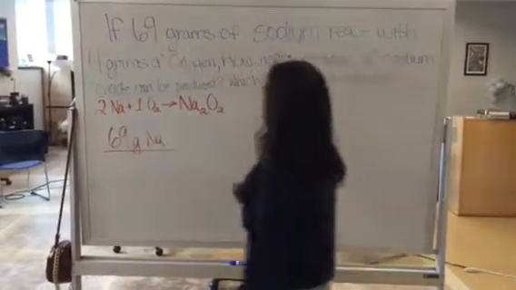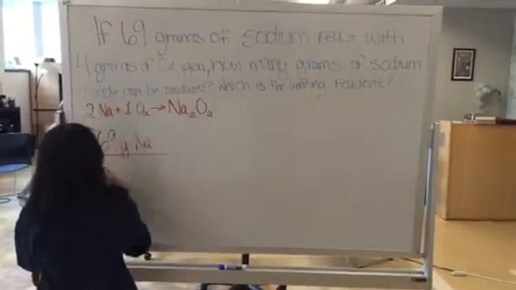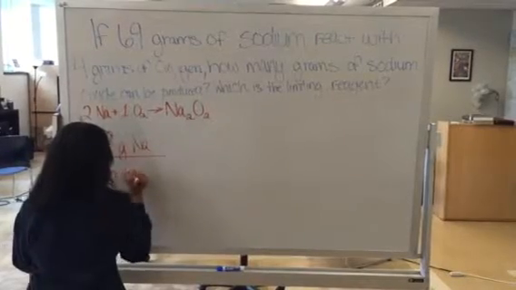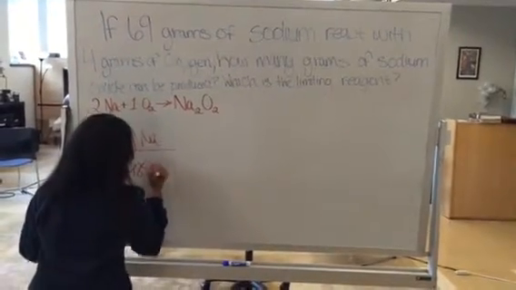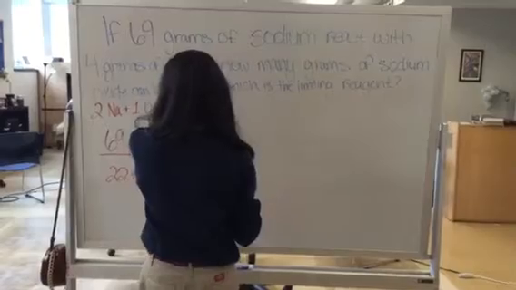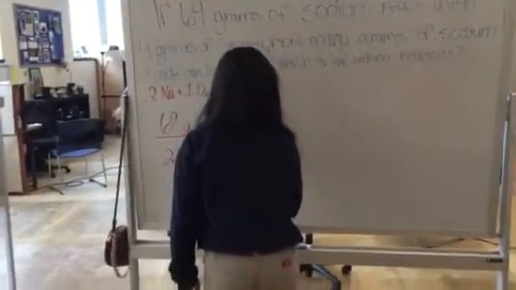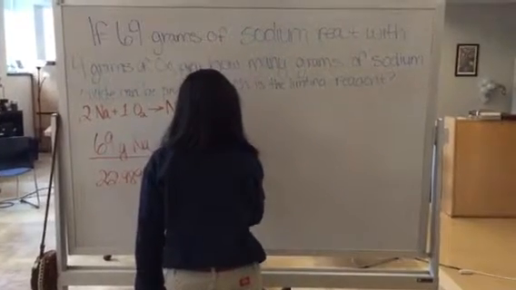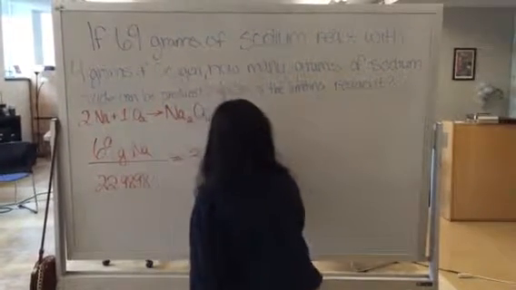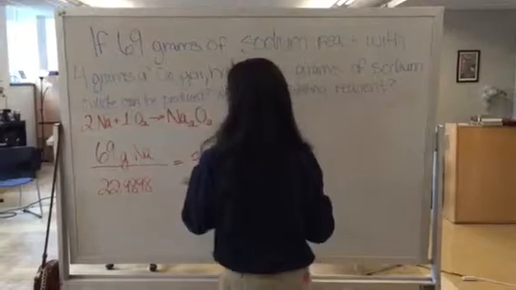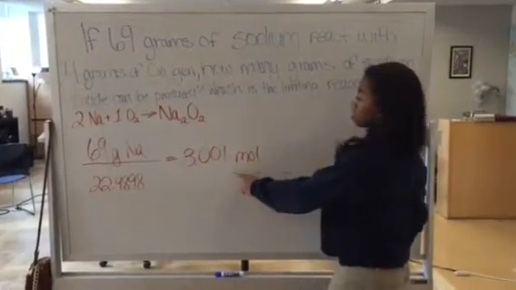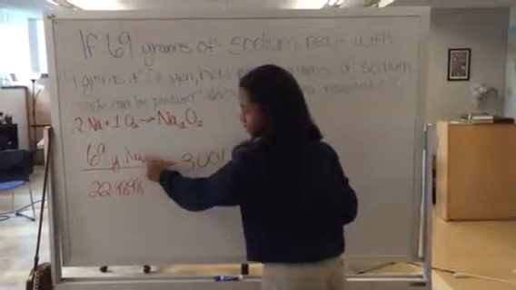So you divide that by 22.9898, and you get 3.001 moles. This is sodium.